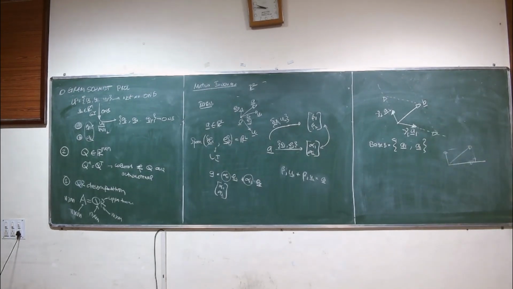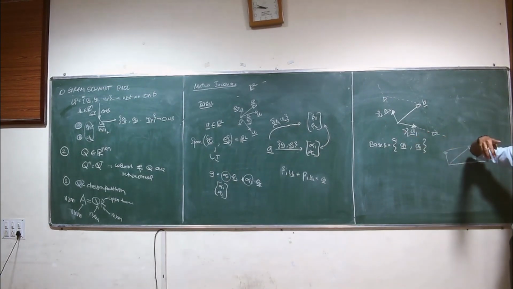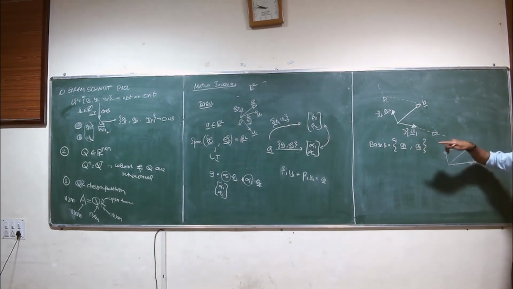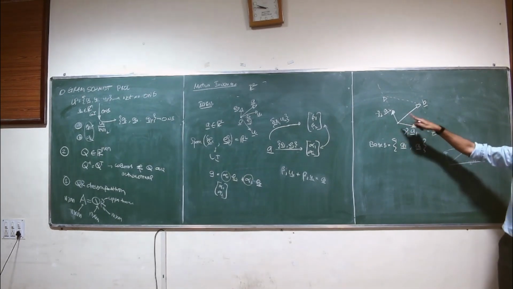So often what you will find is that this idea of dropping perpendiculars is true only for an orthonormal basis. If you're not dealing with an orthonormal basis, then you don't drop perpendiculars anymore. When you have a non-orthonormal basis, we find the components along the different basis vectors.